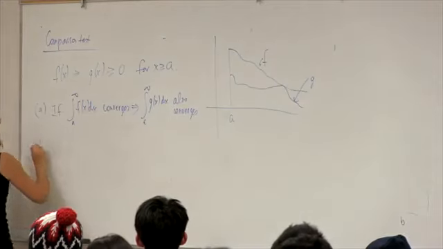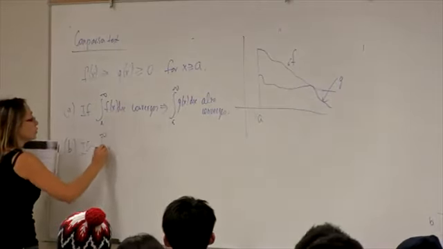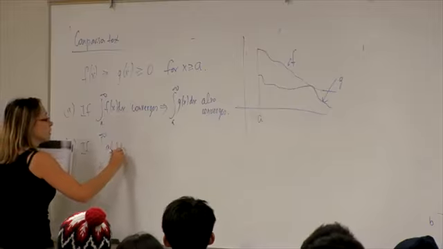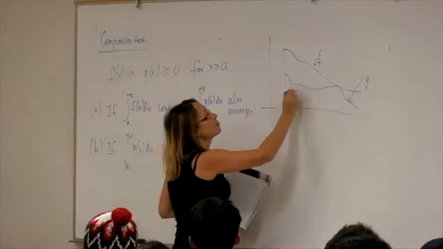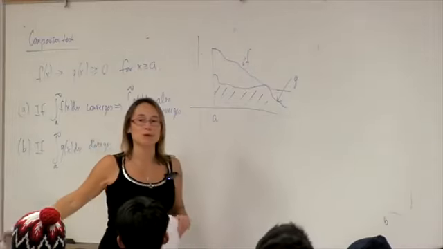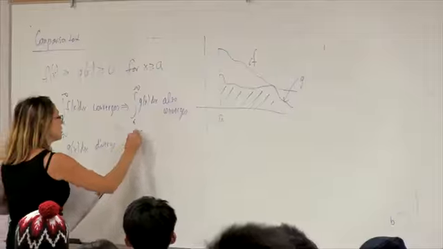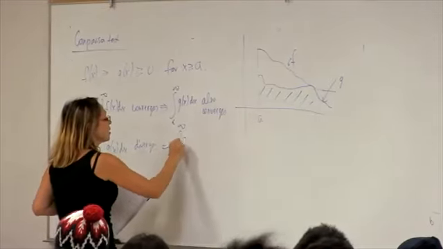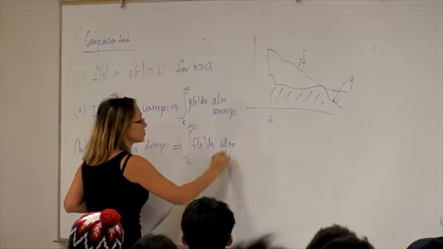On the other hand, if the integral of g diverges, so we take the smaller area, and we know that it's infinite, the one that is bounded by a larger function, of course, is also going to be infinite. We can say that the integral of f dx also diverges.